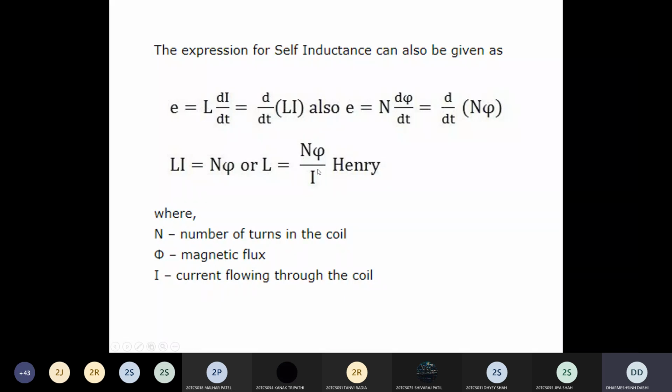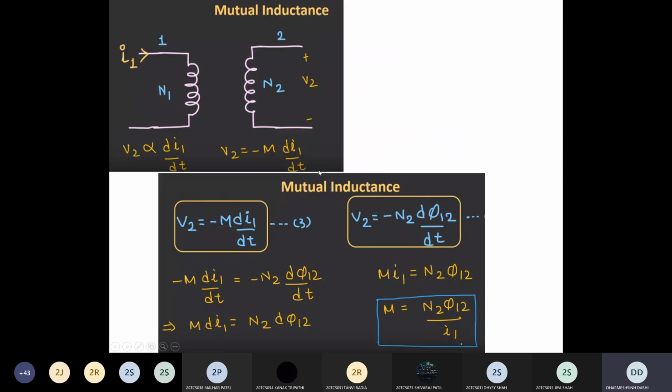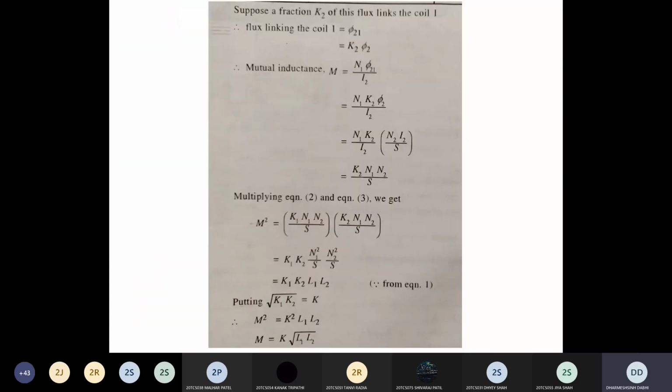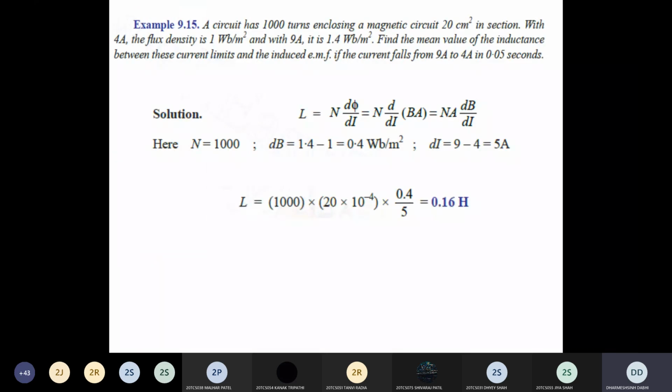Clear? So the same equation I use here, but here the flux density is changed, so flux is also changed. So you can see that here I replace phi by d phi, and current is also changing, so here replace I by di. Clear? So here d phi is what?